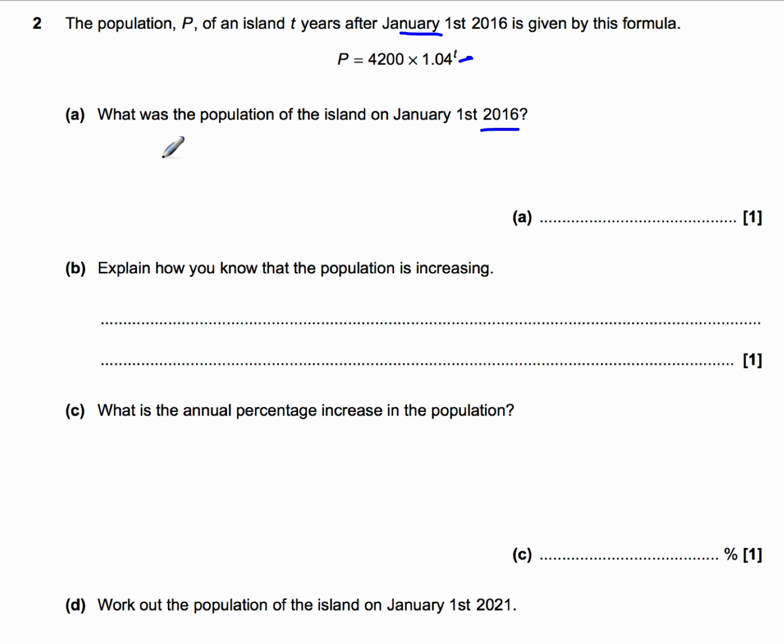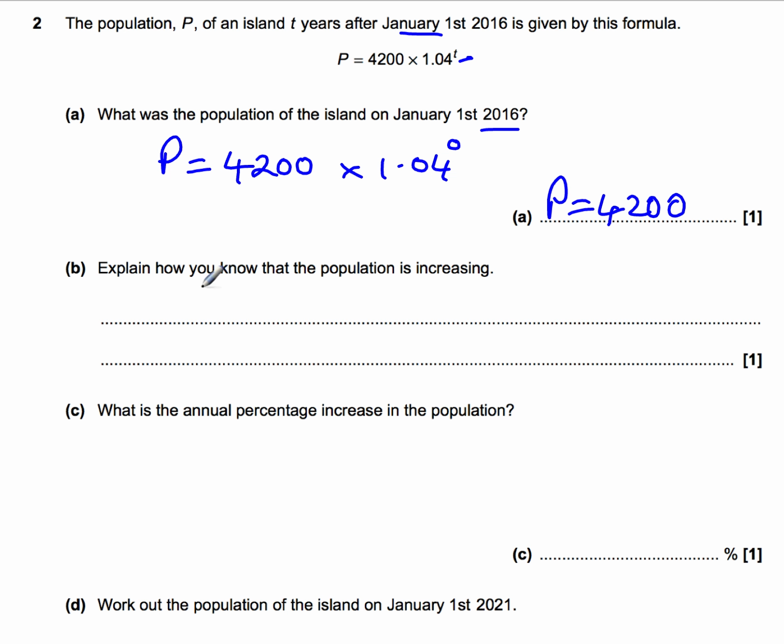So all you're going to do is sub in, as no time has passed, 0 for T, the number of years. Anything to the power of 0 is 1, so that would leave us with P being 4,200.